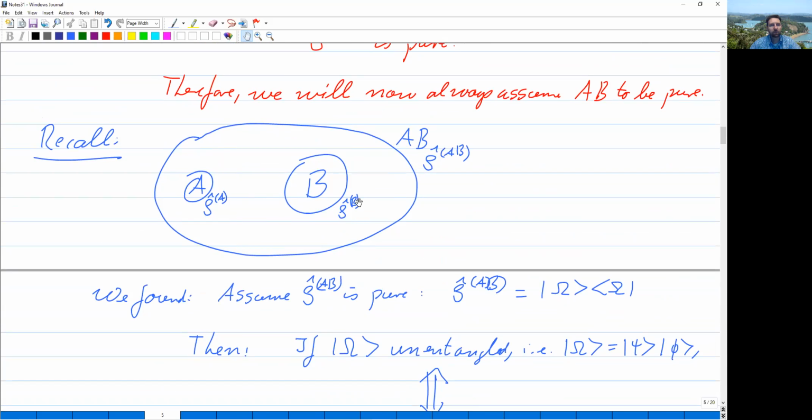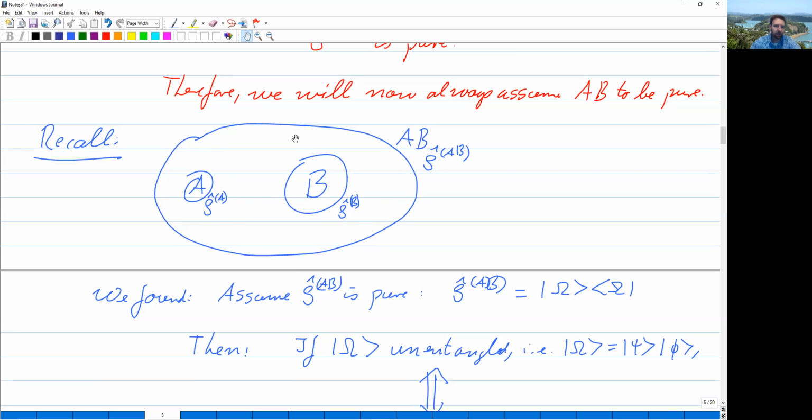And it works also the other way around. If the total state is unentangled, then these states of the subsystems are pure.